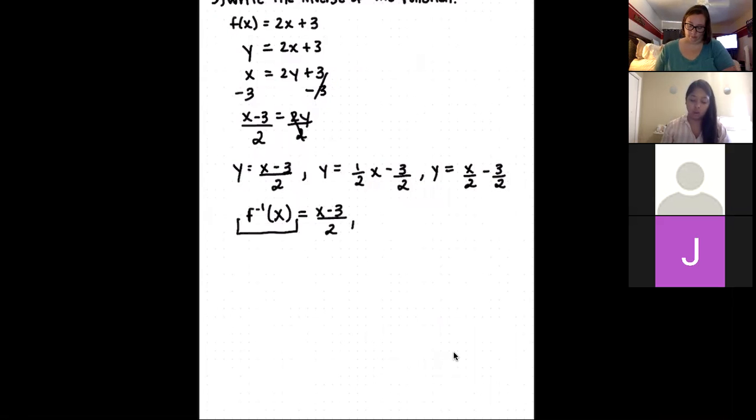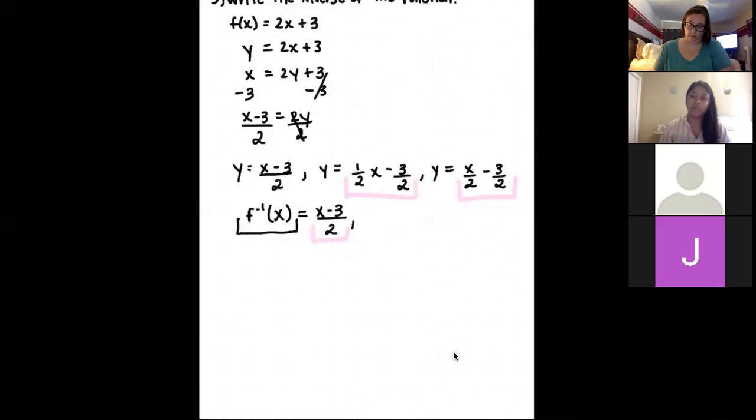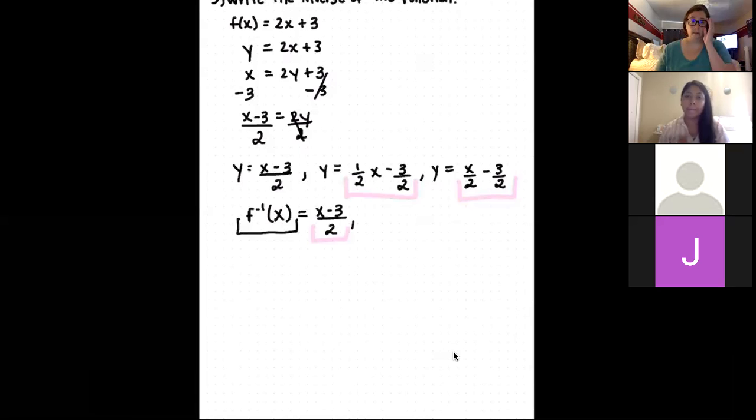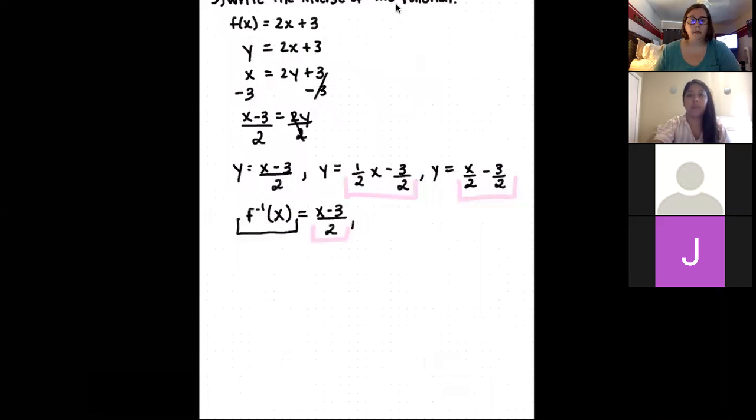You have to go and use f of negative 1 x. And you could have it with this part that I just have. You can have it like this, or you can have it like this. Does anybody have any questions on that? No. Okay. Alrighty.